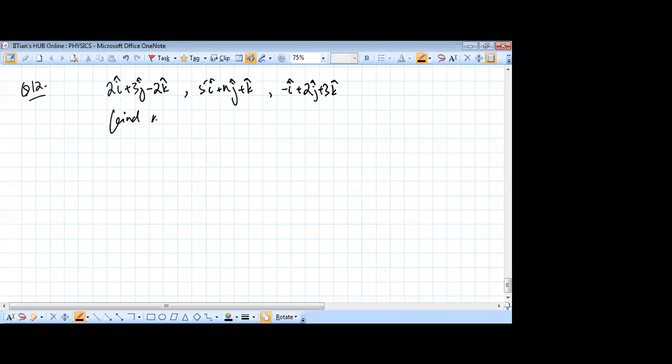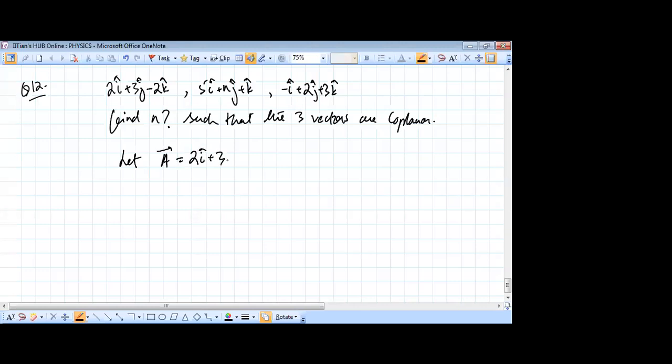Find n such that the 3 vectors are coplanar. So we can take A as this vector, 2i cap plus 3j cap minus 2k cap, and instead of taking B as this one because it is an unknown quantity, let's take B as this one, the third one.